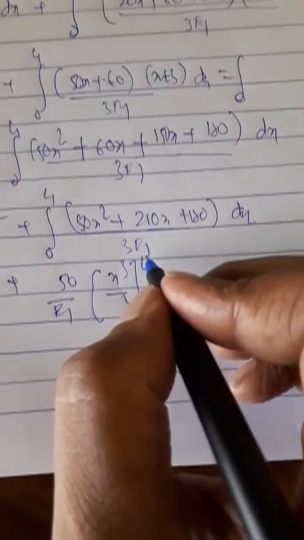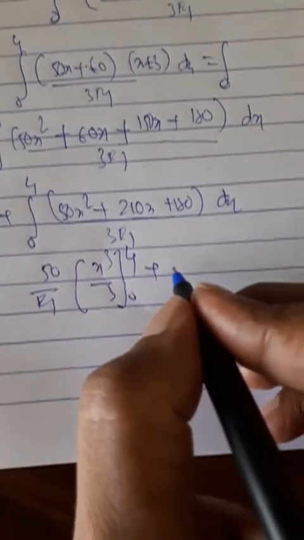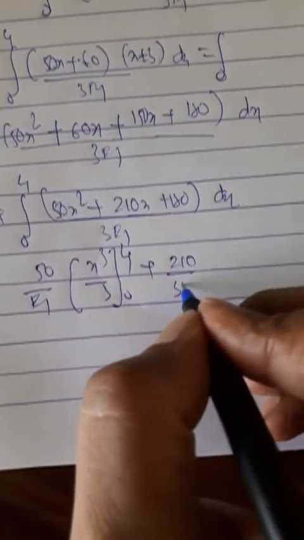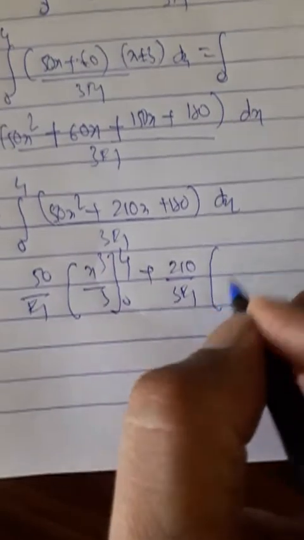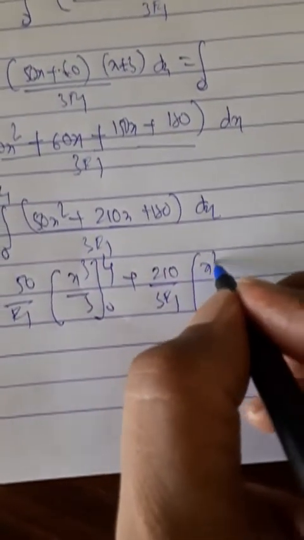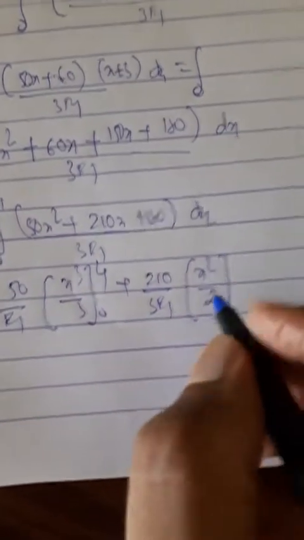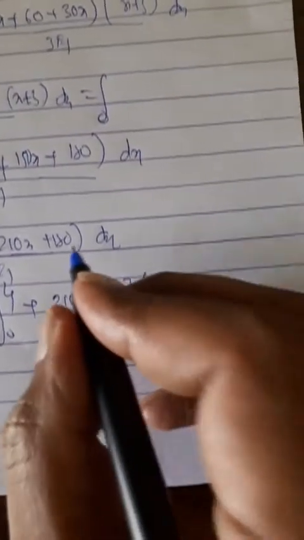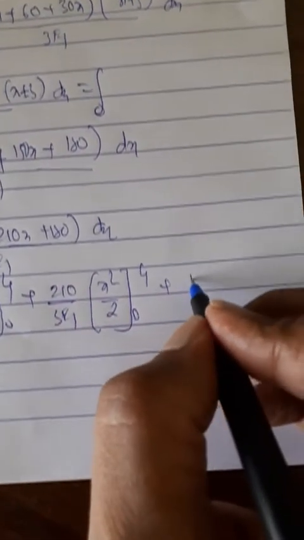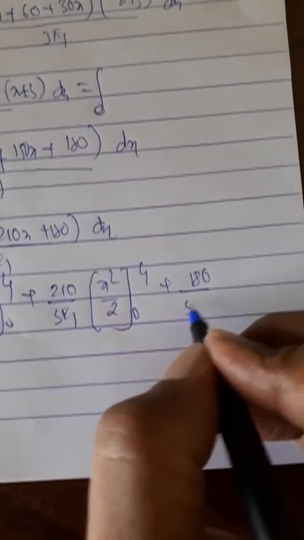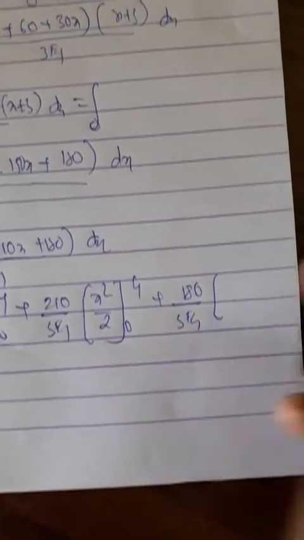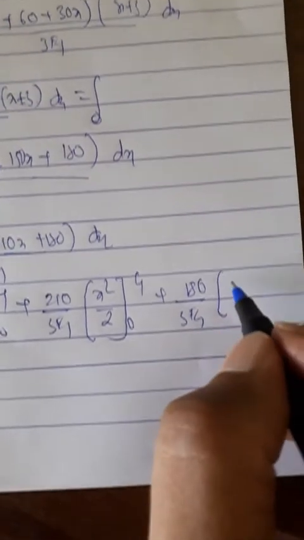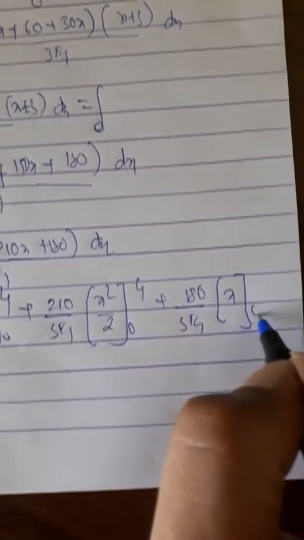Plus 210 by 3EI, integration of x is x square by 2, limits 0 to 4. Plus 180 by 3EI outside the bracket, integration of x over the limits 0 to 4.